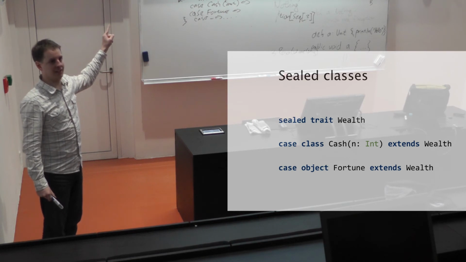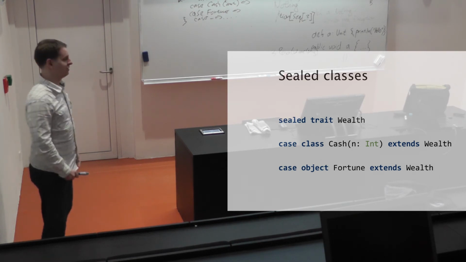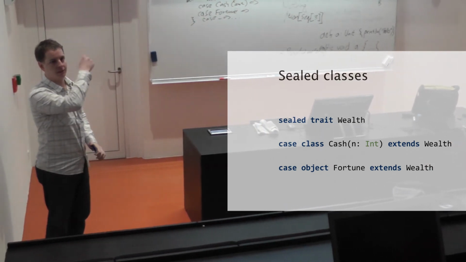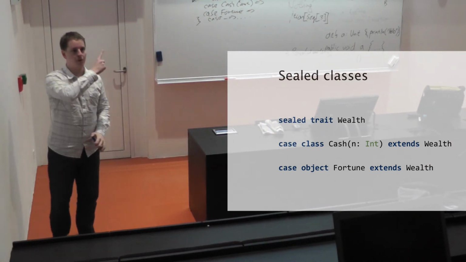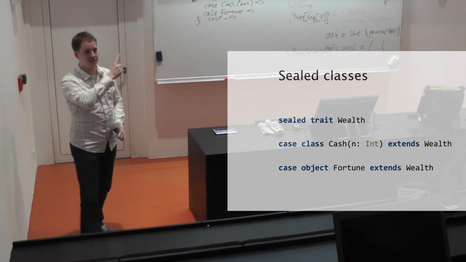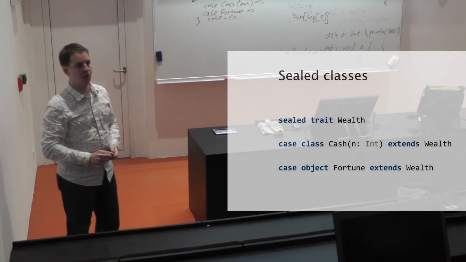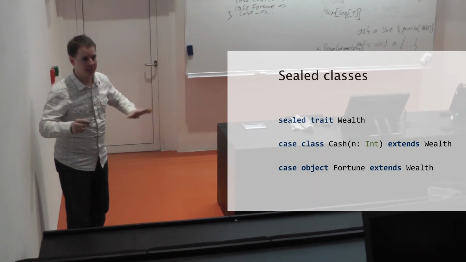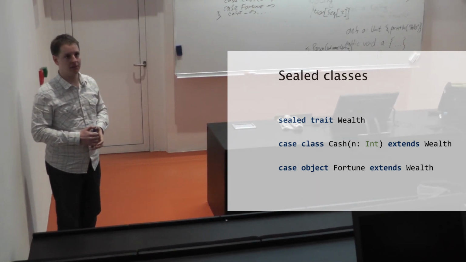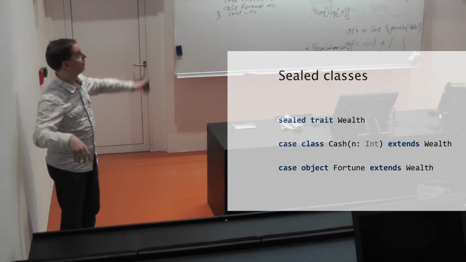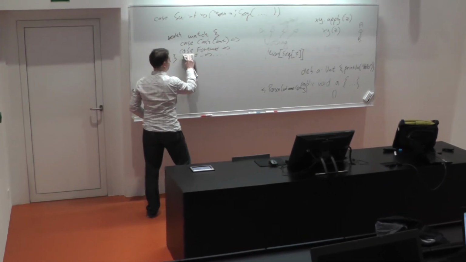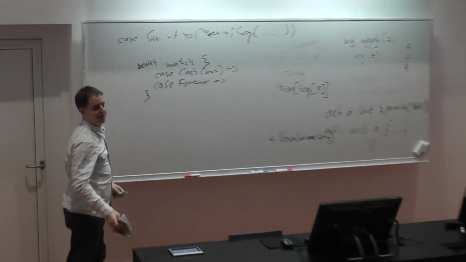And if there is one in another file, the compiler says, okay, this does not compile because Wealth is sealed in this particular file. So you have under your own control how many subclasses of Wealth you have. The compiler knows them all in advance because there never ever can be any other in another file, because it's sealed. It stops warning, and you may write your code a bit nicer.